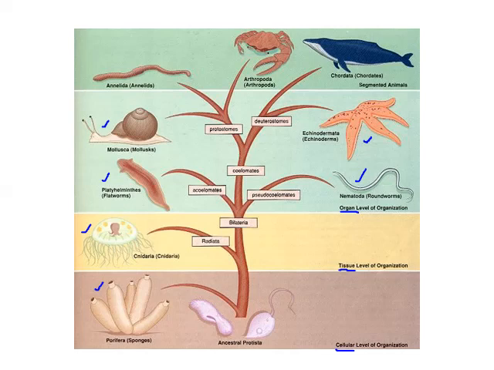And the last level, which is the segmented animal, here we have the earthworms in the phylum Annelida. And then in the phylum Arthropoda, we have the crab and also the insects. And finally we have the chordata, that is the vertebrates in the phylum chordata.